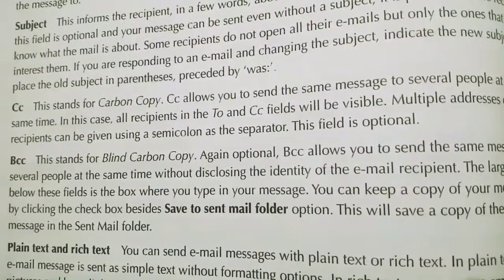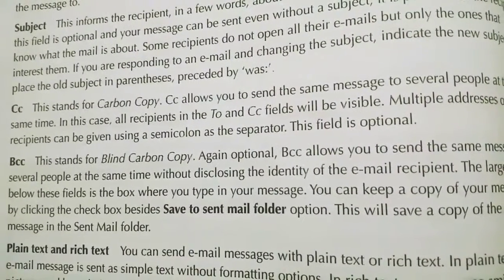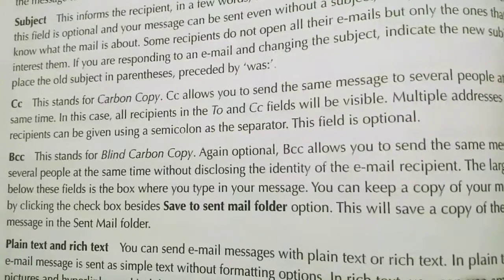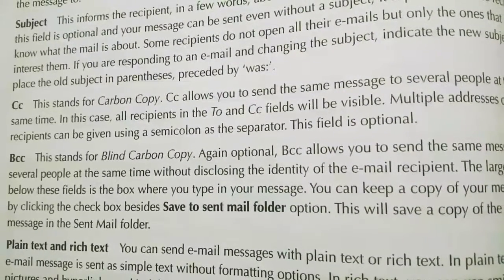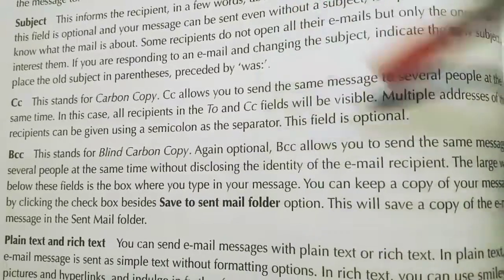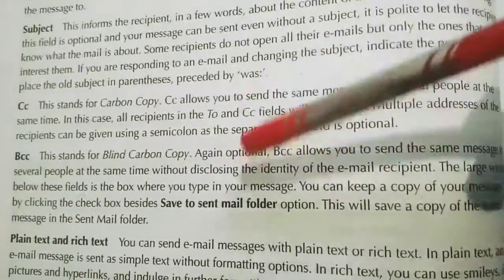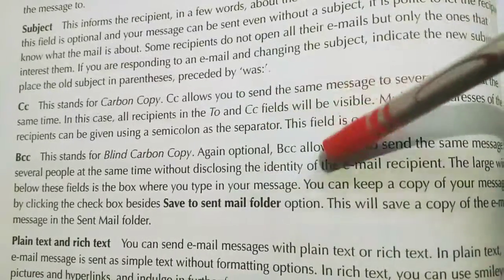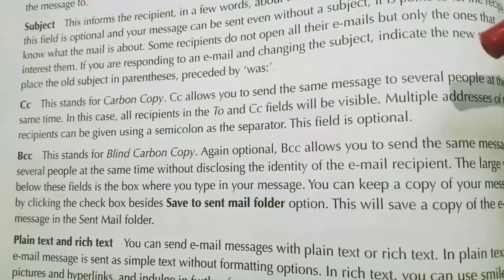He will know only about himself. He or she will not know that you have invited those other people also. This is the main difference between BCC and CC. Understood? Same thing, only the difference is it will not disclose the identity of the email recipients.